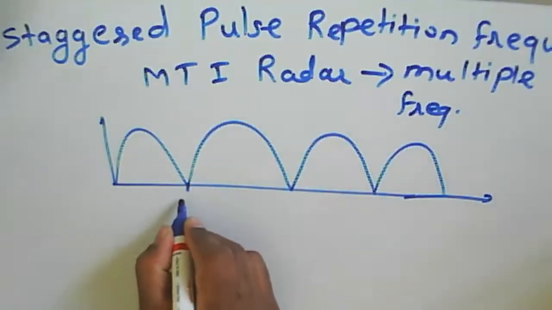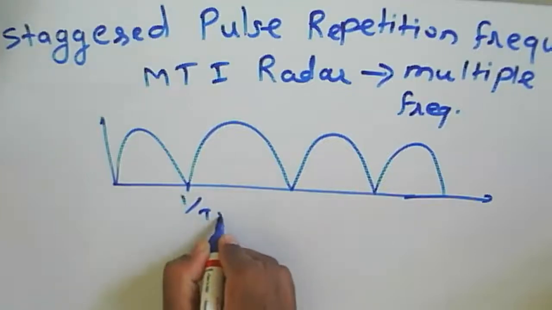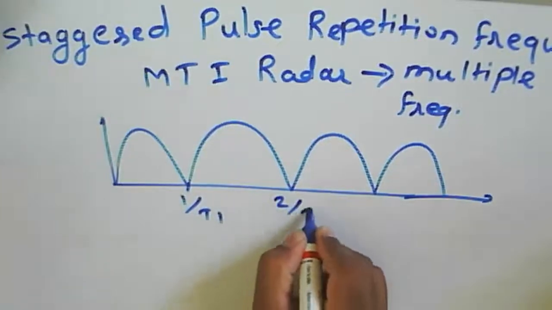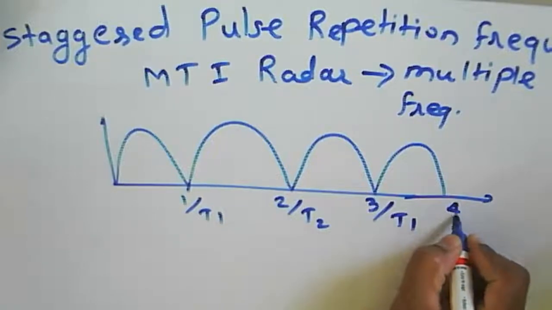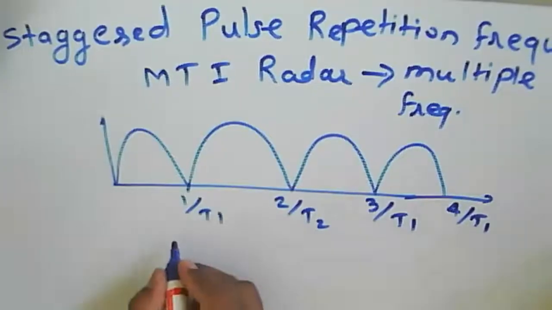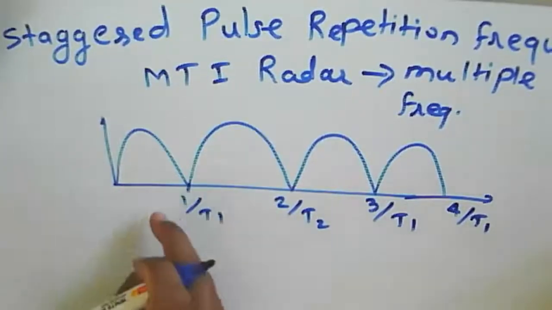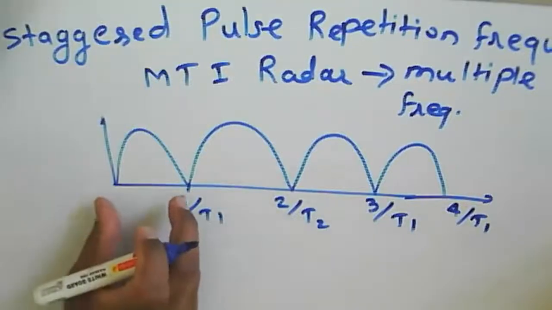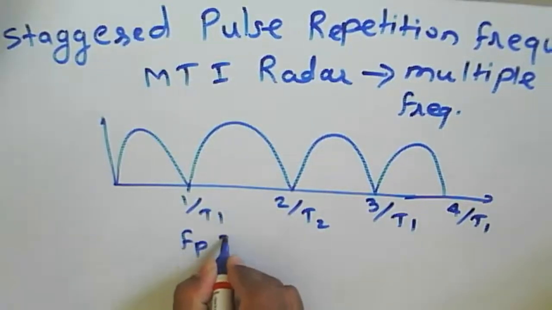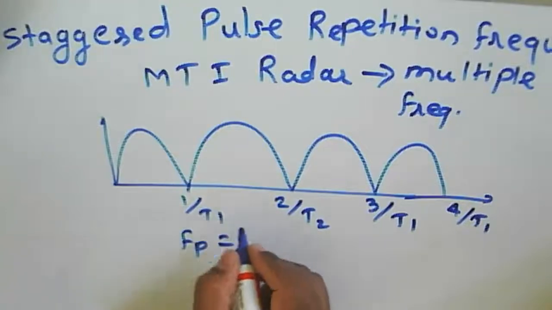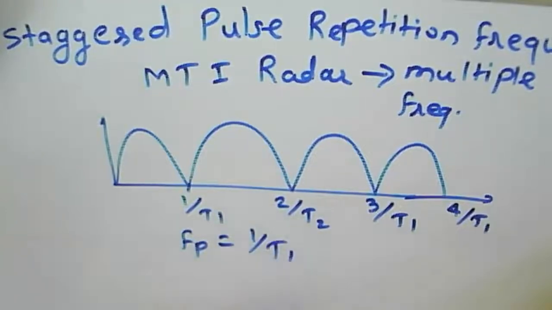In this case, it will be 1 by T1, 2 by T1, 3 by T1, 4 by T1. That T1, the repetition time, is nothing but the pulse repetition frequency, and in this case we can write it as 1 by T1.